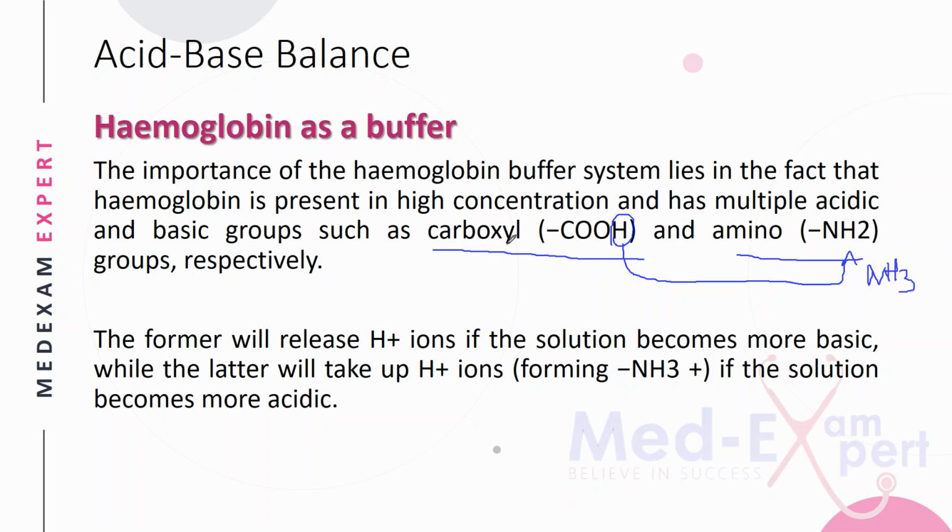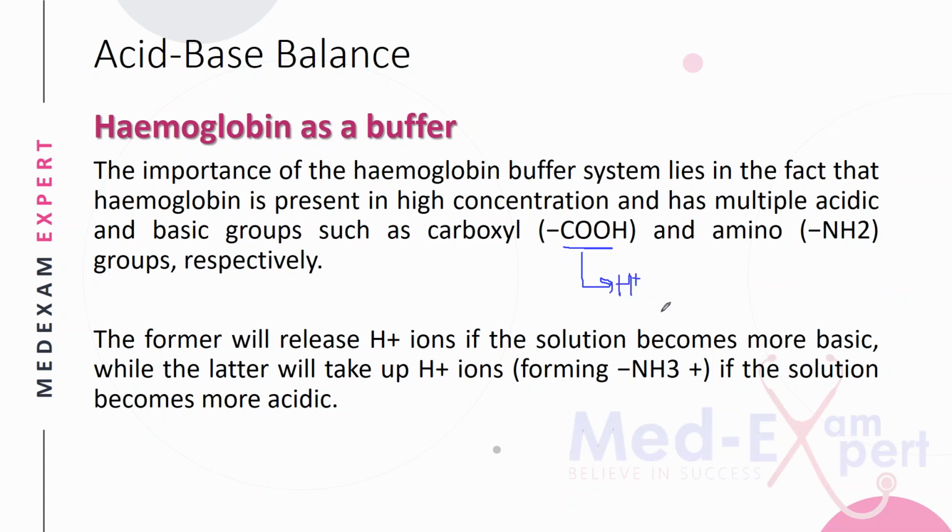So if the solution becomes more basic, more alkalotic, and I need some hydrogen ion to increase the acidity of the blood again, this carboxyl group will release this hydrogen ion to the solution. And if the solution becomes more acidic and I want to get rid of some hydrogen ions, this group will take this hydrogen ion to form NH3. So simply speaking, we can say that this group is a factory of hydrogen ions.